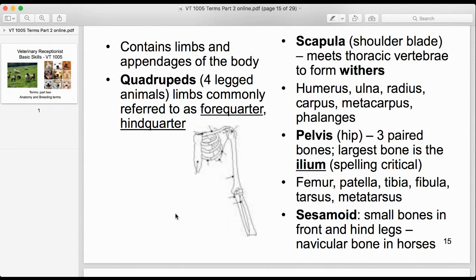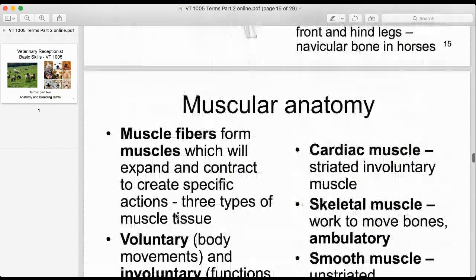So the carpus is on the front legs of our animals, or the front arms, our wrist area, carpus. Tarsus, you walk as a human on the tar, T-A-R, and that's the tarsus on the hind legs of our animals. If that helps you, you can remember it that way.